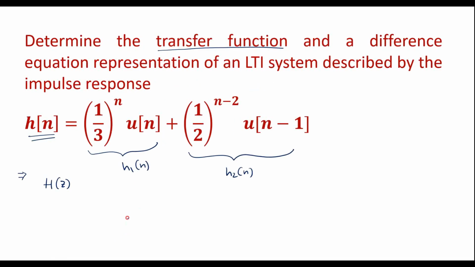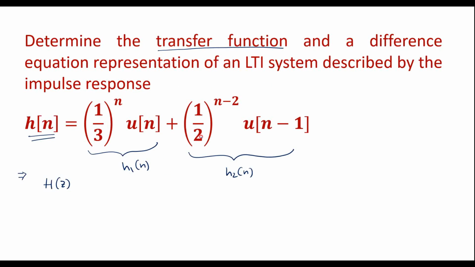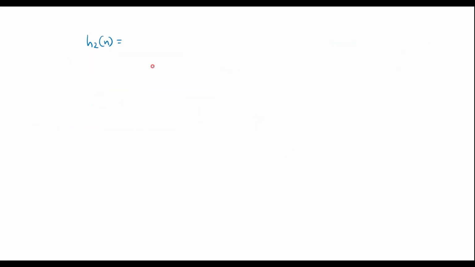Now similarly, let me calculate the z transform of h2 of n. h2 of n is equal to (1/2) power n minus 2 u of n minus 1.